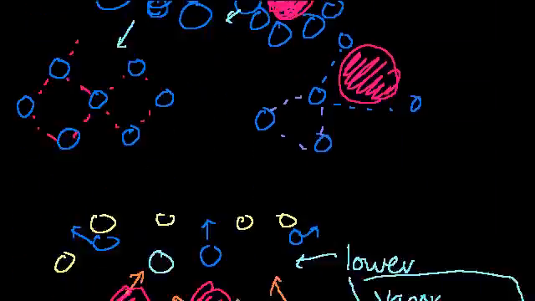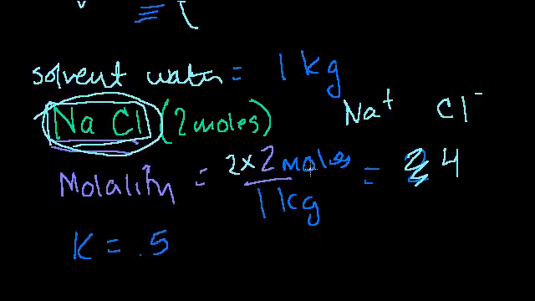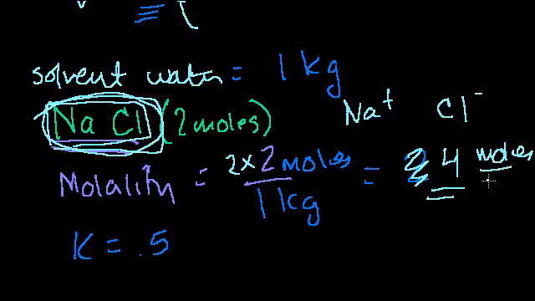So in my example, when I start with a mole of this, once I dissolve it in water, I end up with, sorry, 4 moles per kilogram of molality, because this turns into 2 particles. So given that the molality is 4 moles, right? 2 moles of sodium, 2 moles of chloride per kilogram.